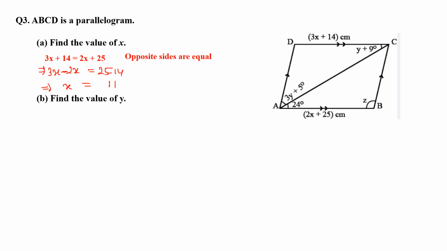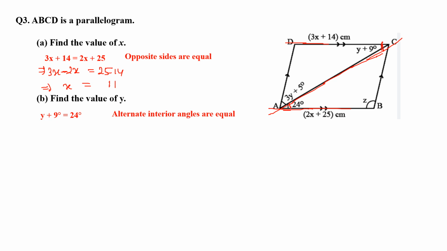Now second part, you have to find the value of y. And where is y? Y is given over here and here. Now as it is a parallelogram, opposite sides are parallel. So if I take AB and CD parallel and AC as transversal, then this angle and this angle are alternate interior angles, right?